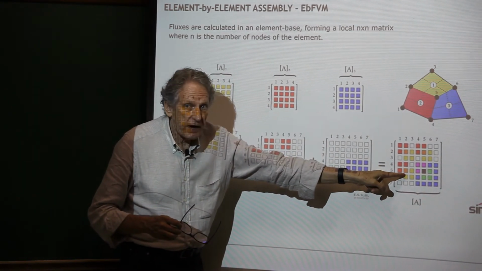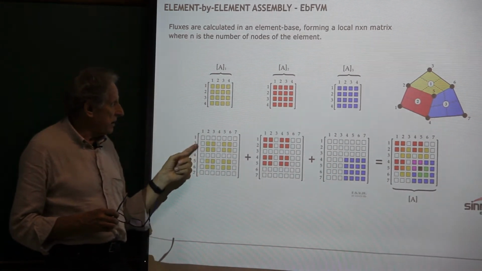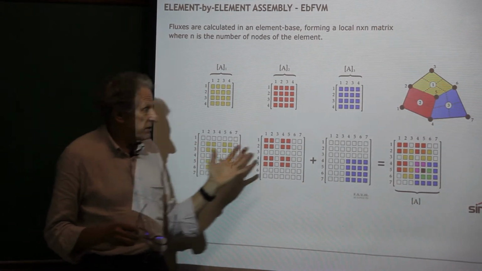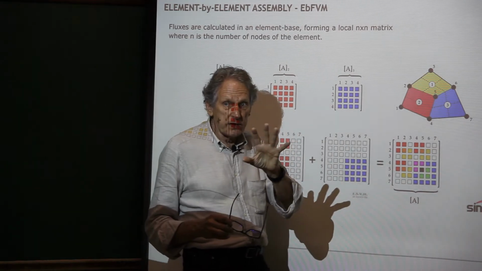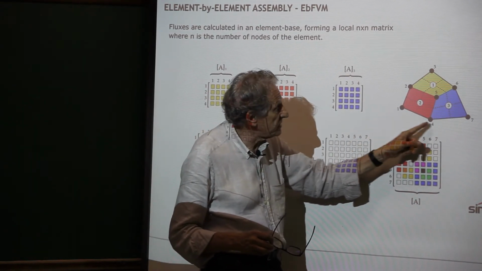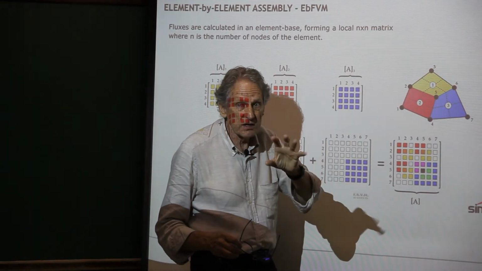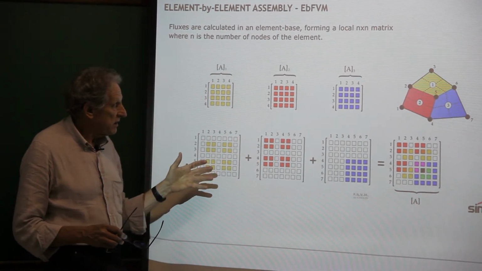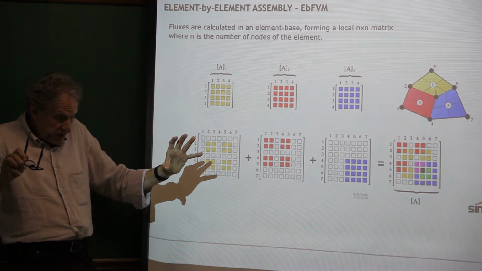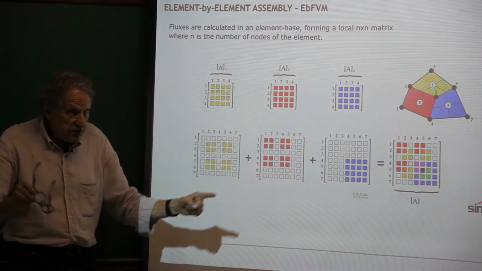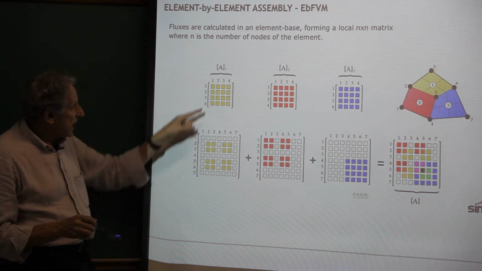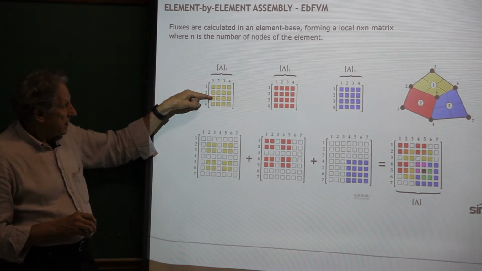Here's the final matrix, and see how it's a 7 by 7. Your final matrix, your global matrix, is 7 by 7, because I have 7 variables, 7 unknowns here. So it's 7 by 7. But in this matrix with the conservation equation, the entries come from that matrix.